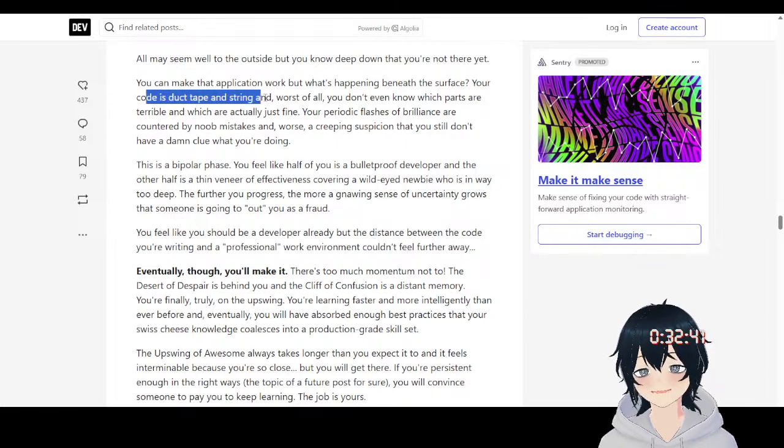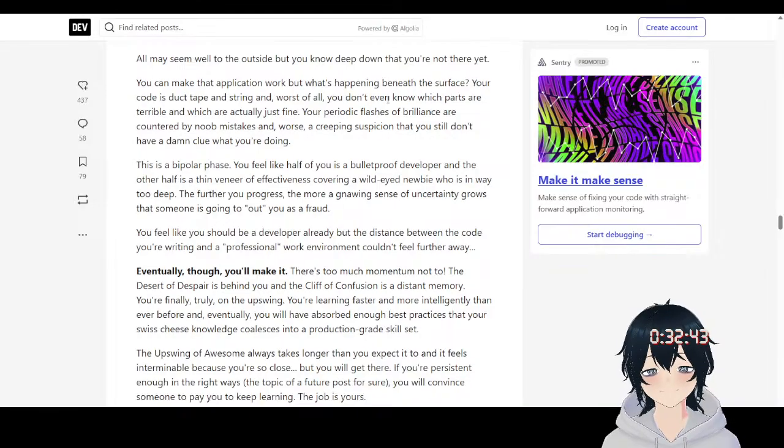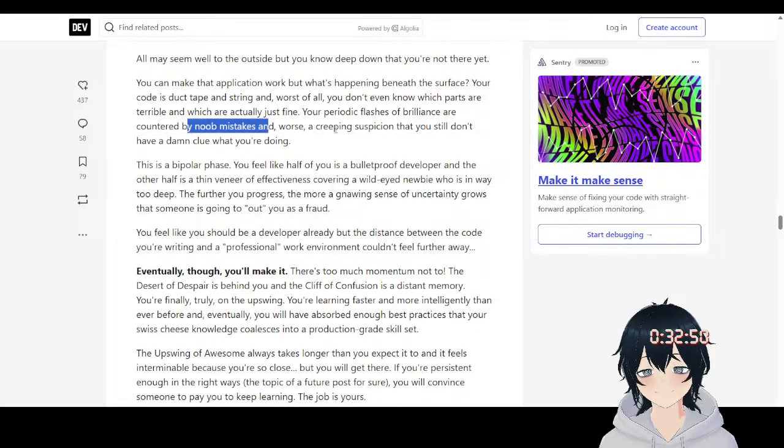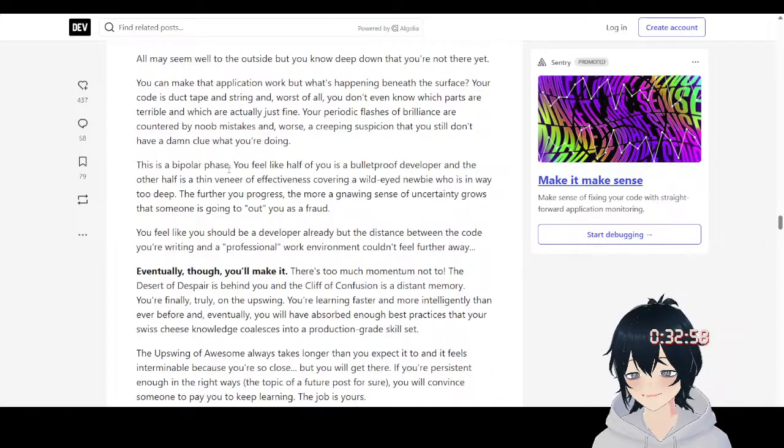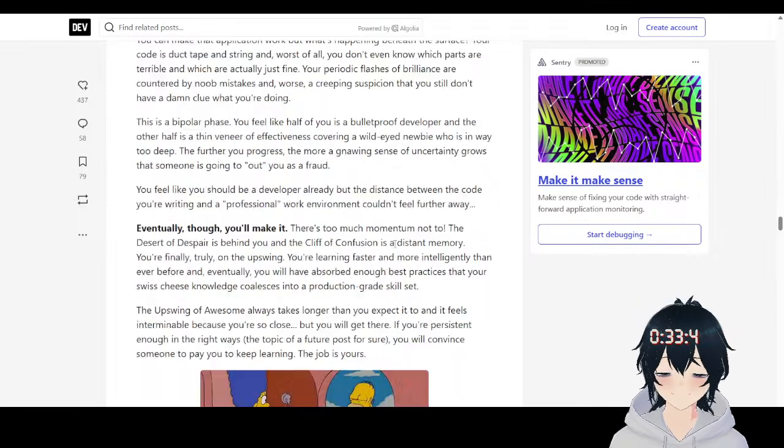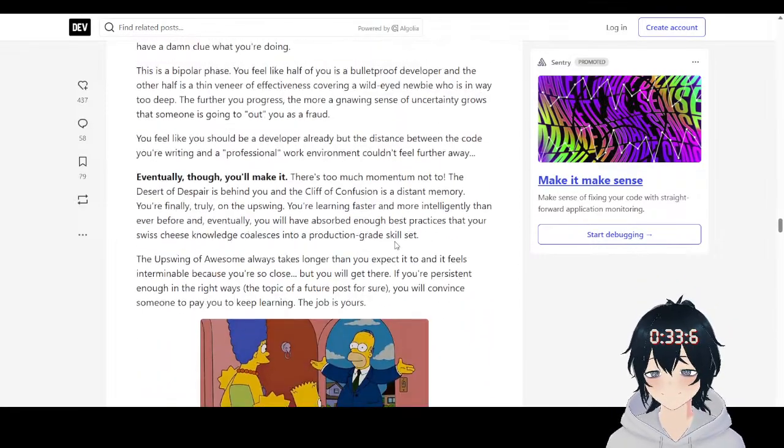Your code is duct tape and string. This is a bipolar face. It's actually traumatic. Okay, can I skip this?